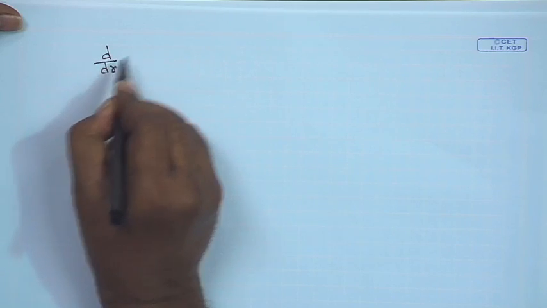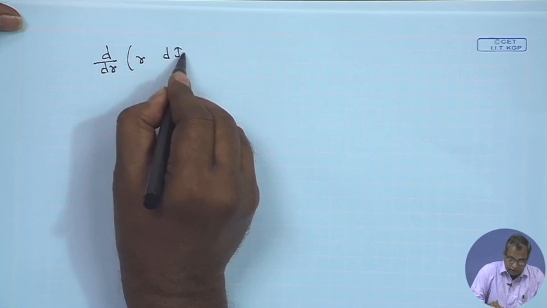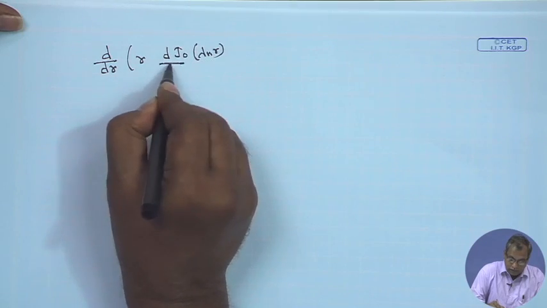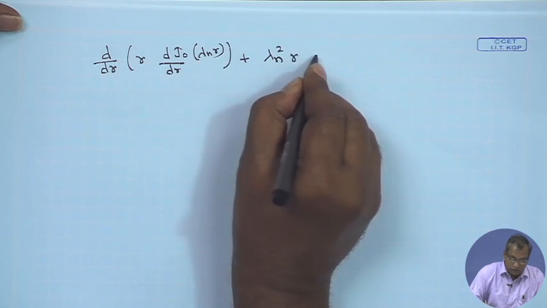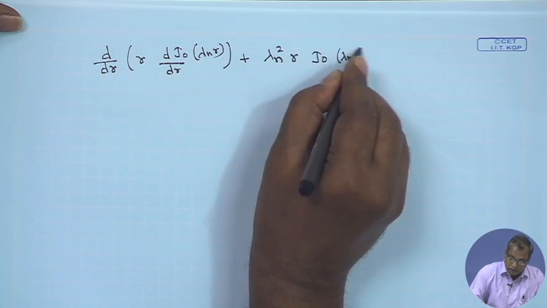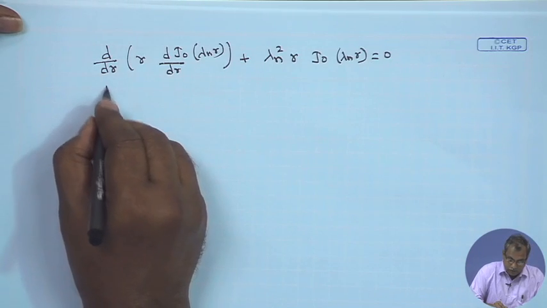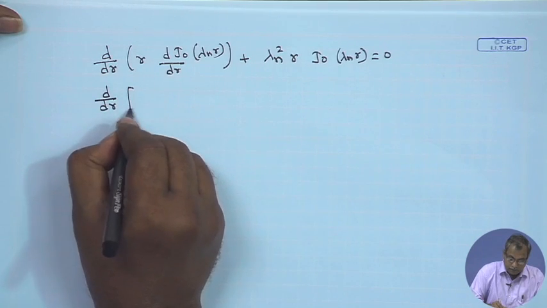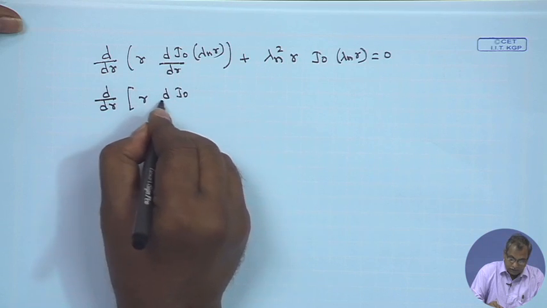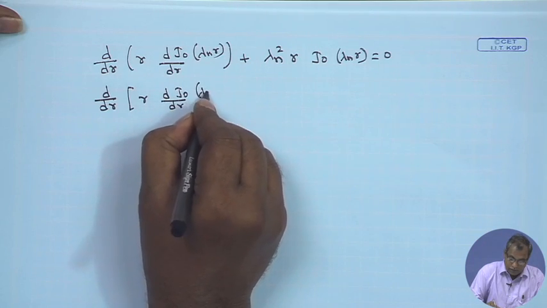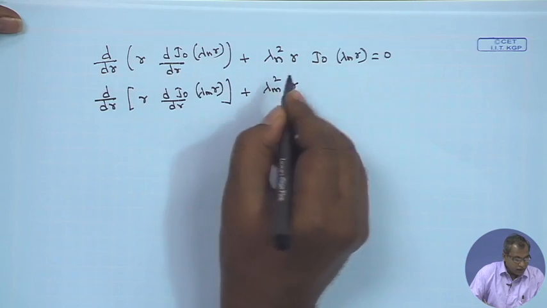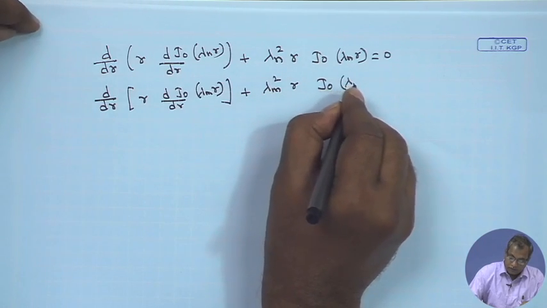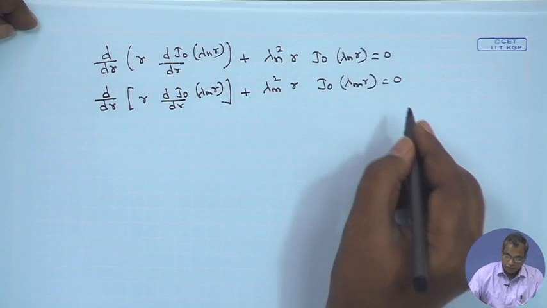So, therefore, we can write that d dr of r d J0 lambda n r dr plus lambda n square r J0 lambda n r is equal to 0, and we can also write that d dr of r d J0 lambda m r dr plus lambda m square r J0 lambda m r is equal to 0.